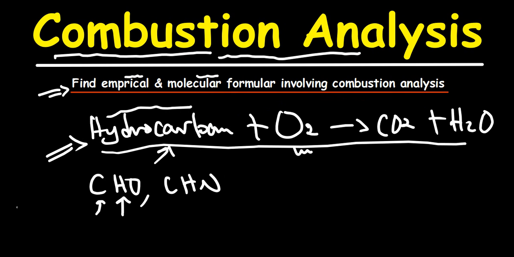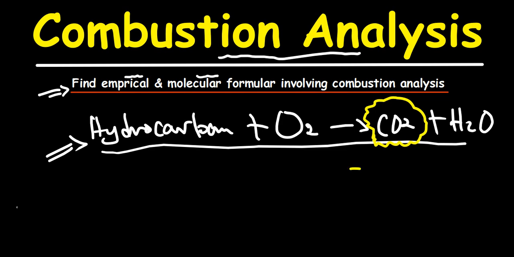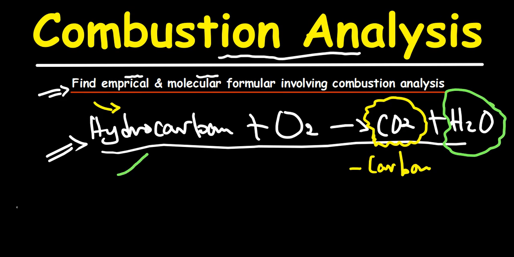So this means that if we find the amount of carbon in that carbon dioxide, we are indirectly finding the amount of carbon that was originally in the hydrocarbon. And then if we find the amount of hydrogen in this water here, it means we are indirectly finding the amount of hydrogen that was present in this hydrocarbon.